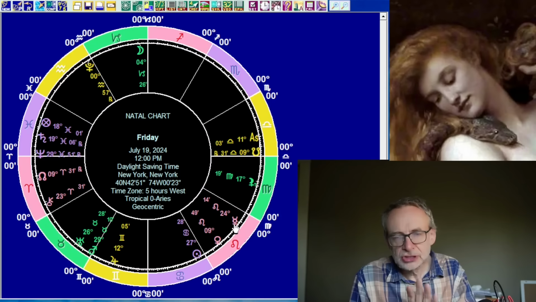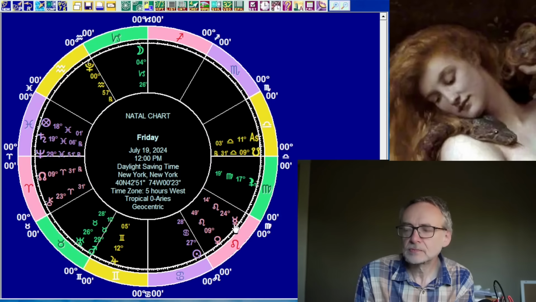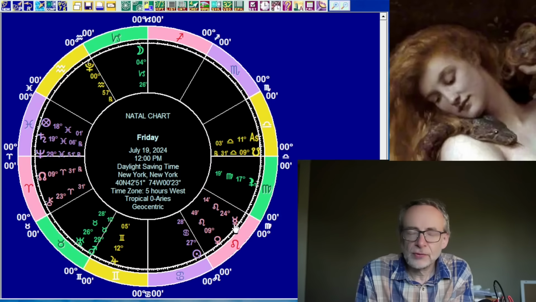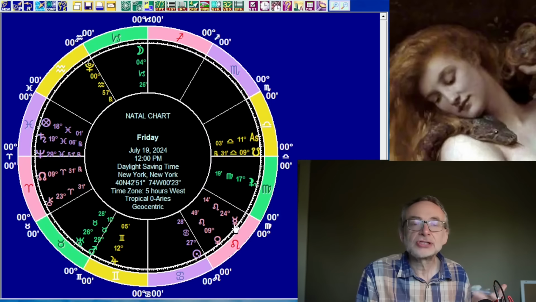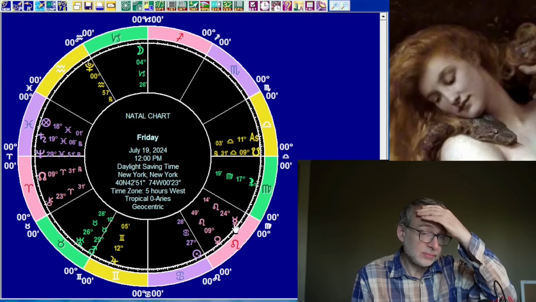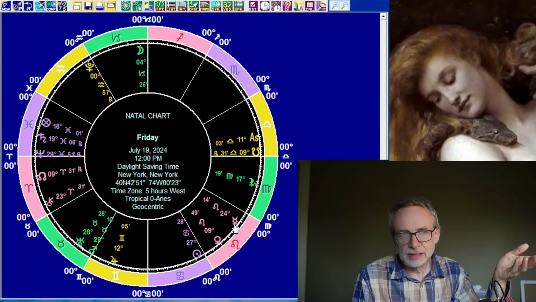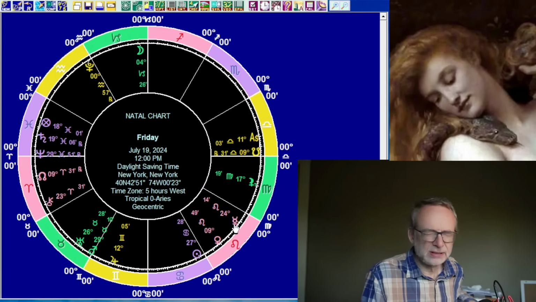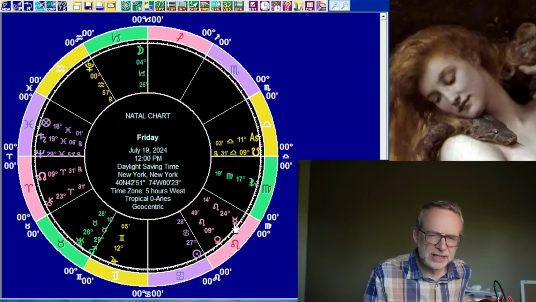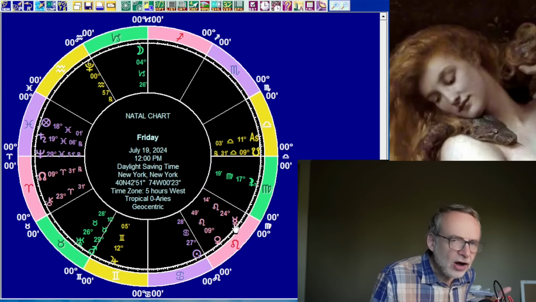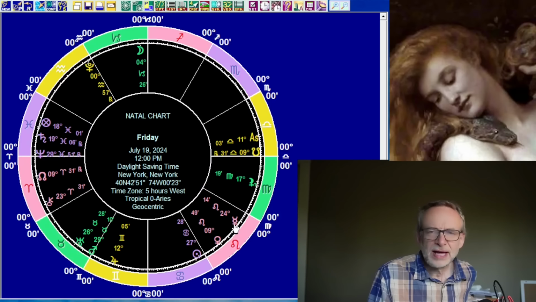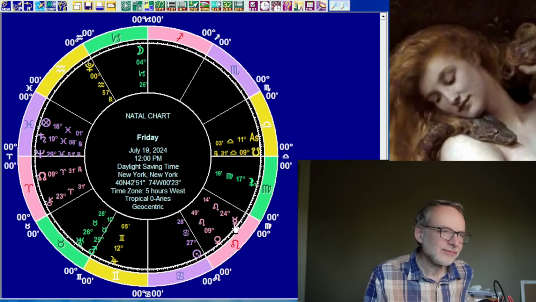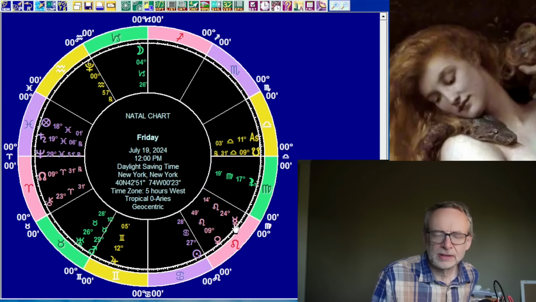Now, we know that Jupiter is not fallen, it's in its detriment in Gemini, because Jupiter rules Sagittarius, so therefore it's in its detriment in Gemini. Now, the thing is that so far with Jupiter in Gemini, we haven't really felt it so badly. We haven't felt the downside of Jupiter.